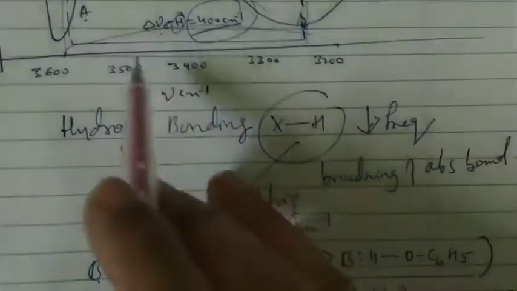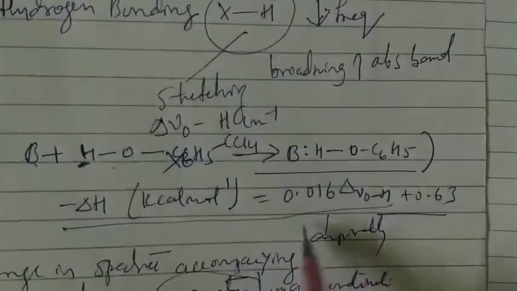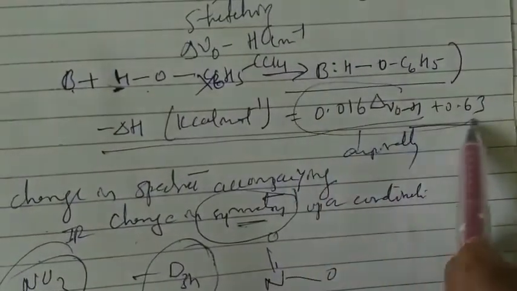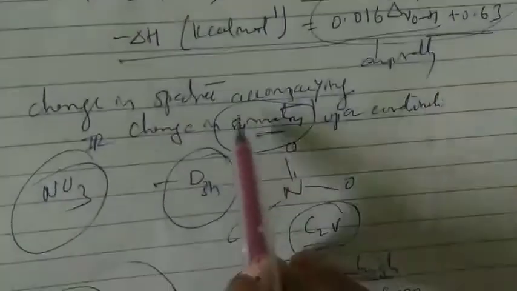This is how the difference is calculated, the delta H naught, and how the change in the spectra is empirically brought out.